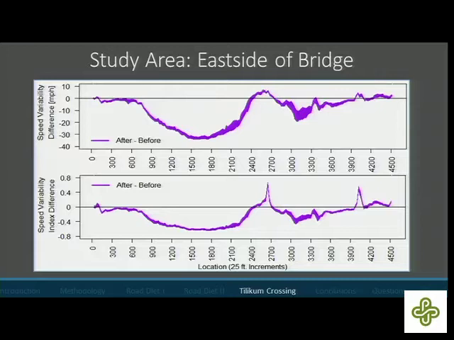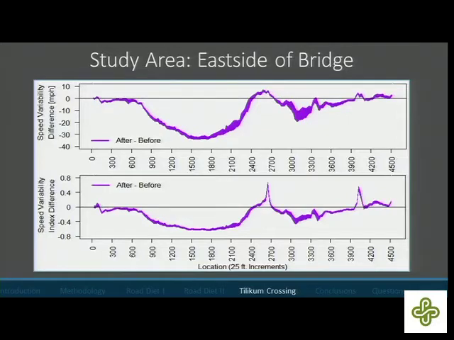Looking back, this is the difference between the speed difference and speed variability and speed variability index. Since both of those values are greater than 1, if it's negative, it means that it's closer to 0 now than it was, and if it's positive, it's further from 0. And in both cases, it shows that the 85th and 15th percentile are more similar than they were.